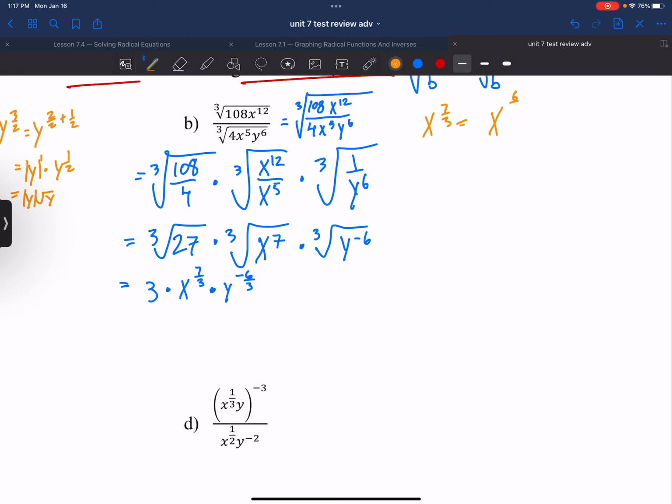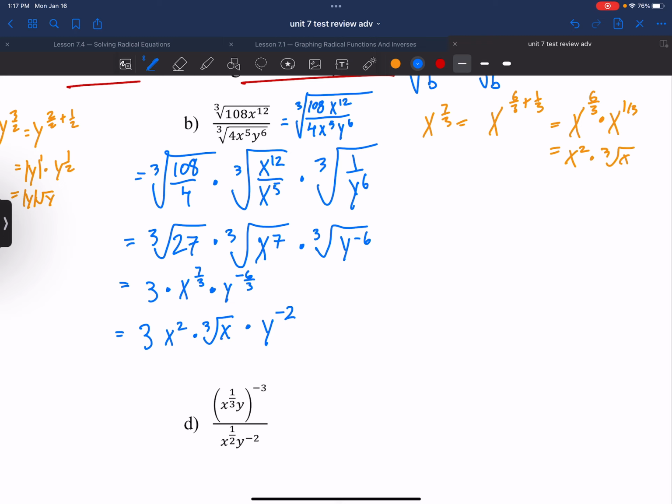That's x to the 6/3 plus 1/3, which is x to the 6/3 times x to the 1/3, which is just x squared times cube root x. So this becomes 3x squared times cube root x times y to the power of negative 2.